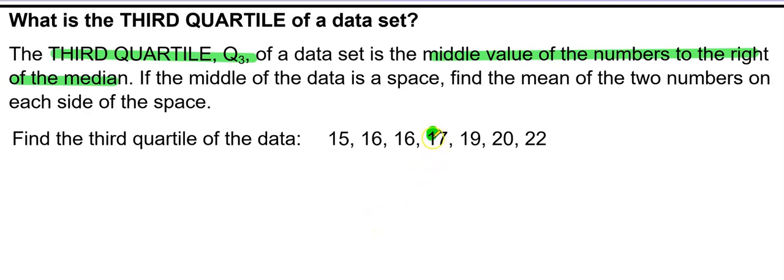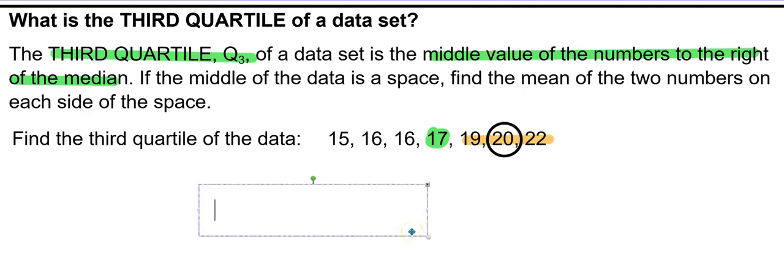So if here's the median, here are the numbers to the right. We want to find the value in the middle. There's 1, 2, 3 of those numbers. The number in the middle is the number 20. So my third quartile is 20.